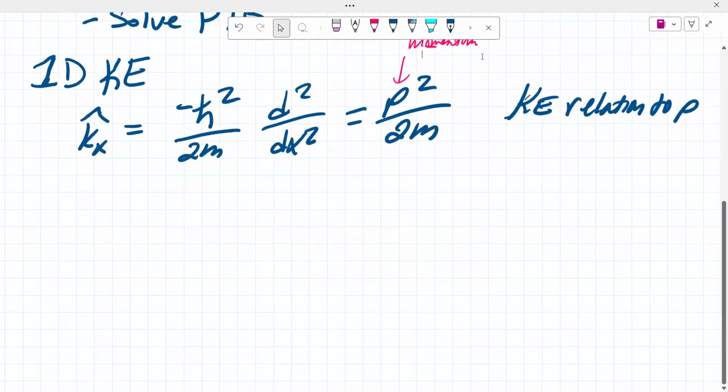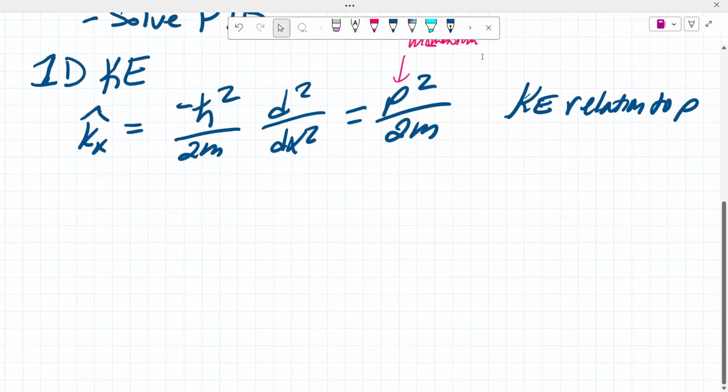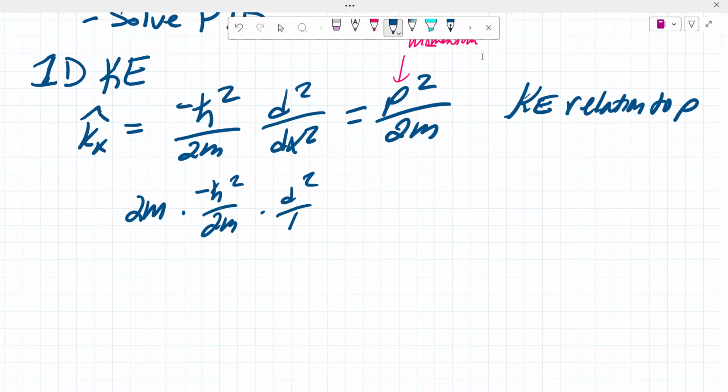Next, we're going to do a multiplication by 2m. So when we multiply out by 2m, it goes away on both sides of the equation. Convenient.